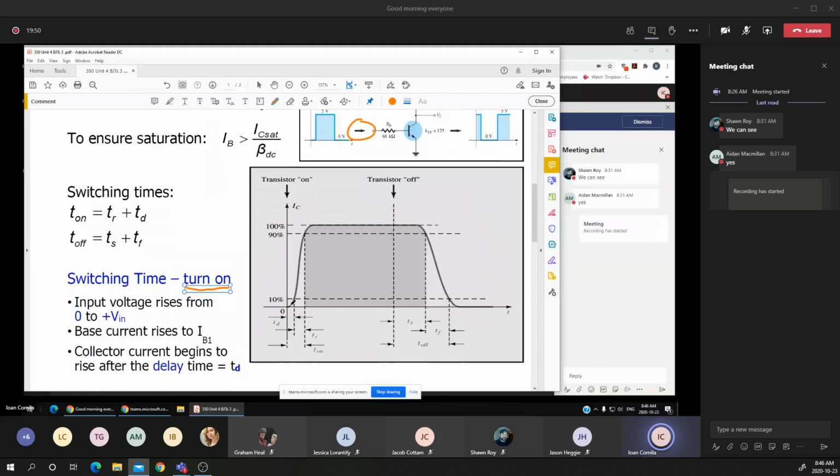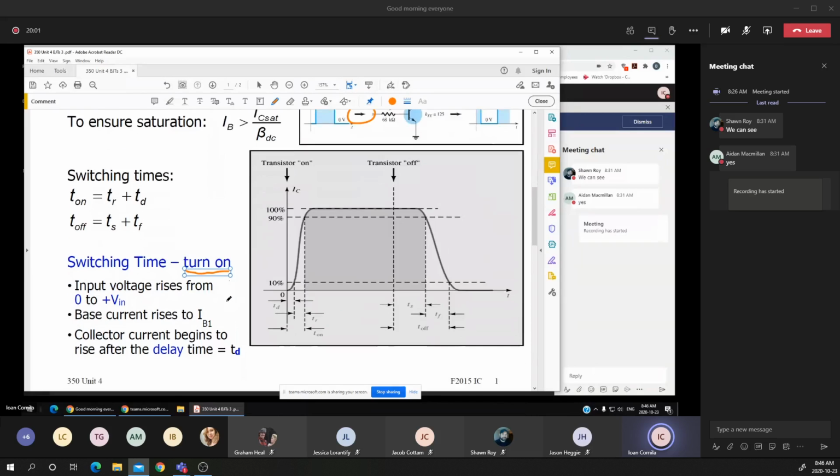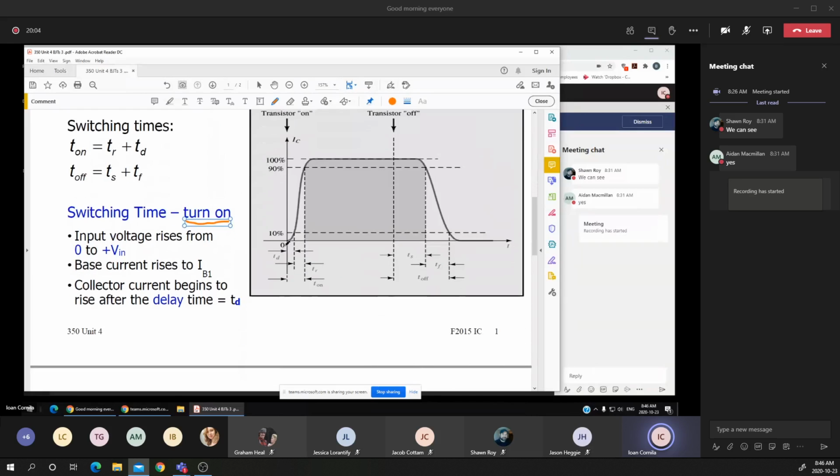From the time that I apply the input voltage to the time when I actually see the effect on the output requires a certain amount of time. Again, we will not see those distorted waveforms at low frequencies, but at high frequencies we may see a distortion on the output voltage.